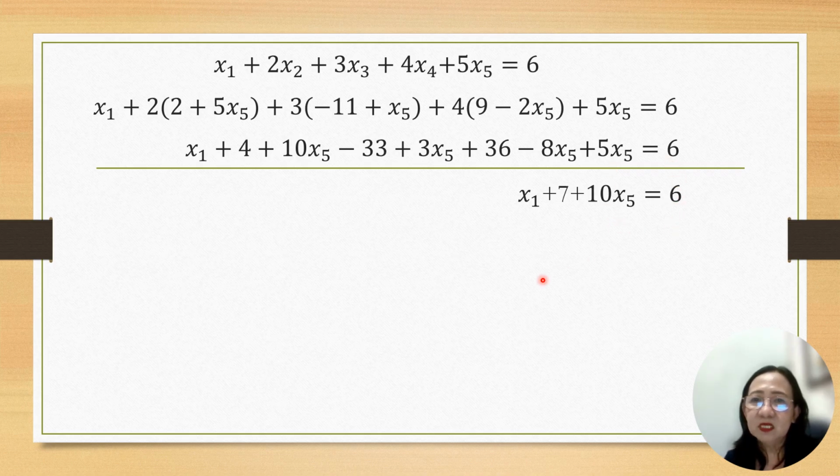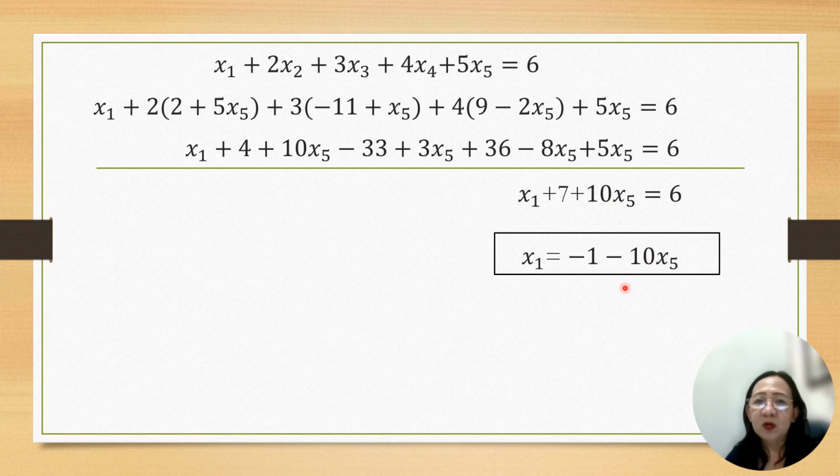Let us copy this 6 and then apply the addition property of equality, so that we have 6 minus 7, that is negative 1, and then we add negative 10x sub 5 on both sides, so this becomes 0, so it goes negative 10x sub 5. So this is the value for our x sub 1.